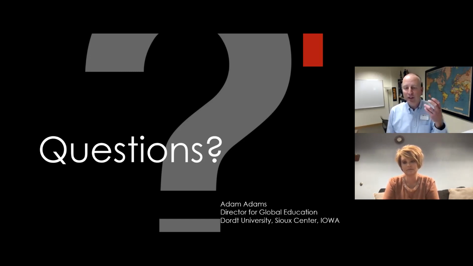And every university is going to do it a little bit differently. So I can just speak from my experience that at Dordt, we would want you to have submitted an application, which does not mean that it's completed or that you're even admitted to Dordt, but that you are in process. We want to know who you are in your academic application, and then you are eligible to start applying for our scholarships.